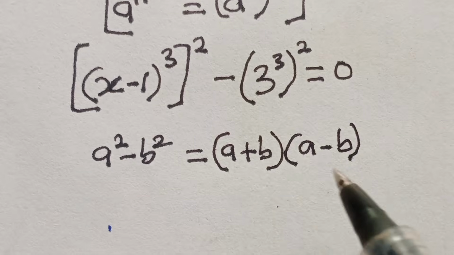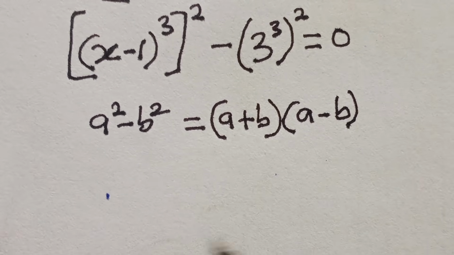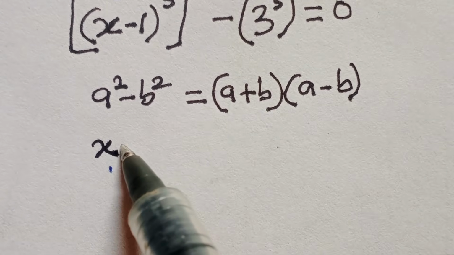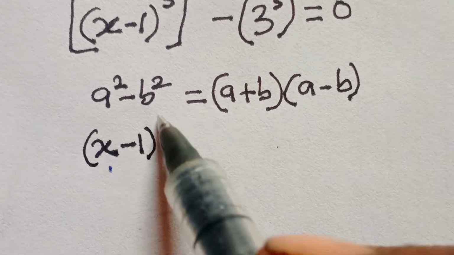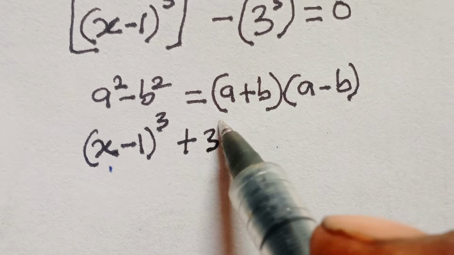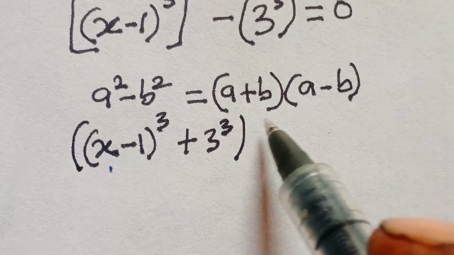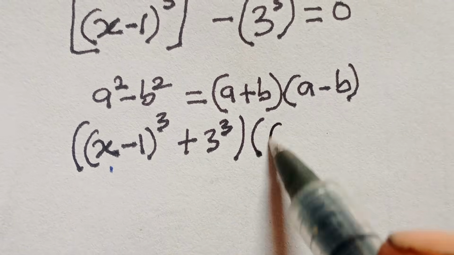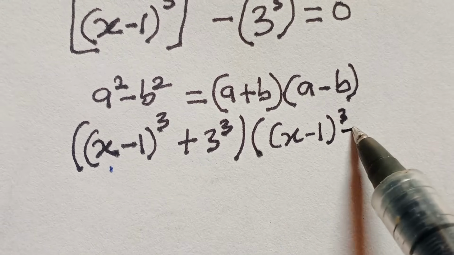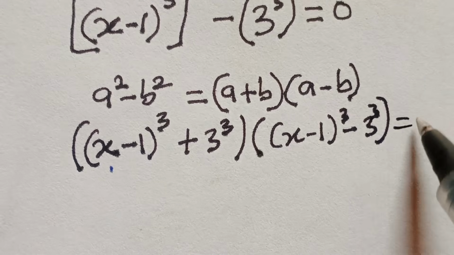So when I apply this to what I have above, I will now be having ((x minus 1) raised to power 3 plus 3 raised to power 3) into ((x minus 1) raised to power 3 minus 3 raised to power 3) equal to 0.